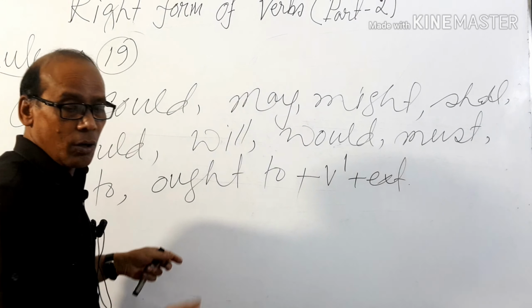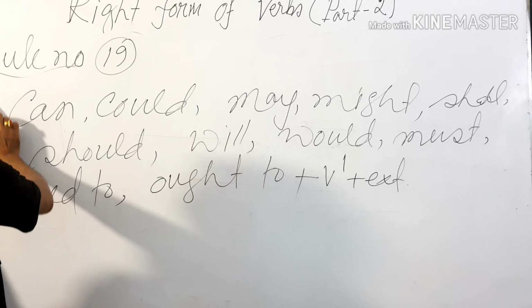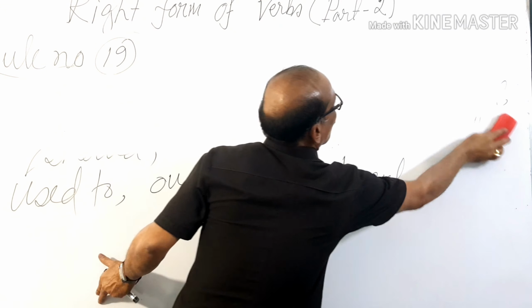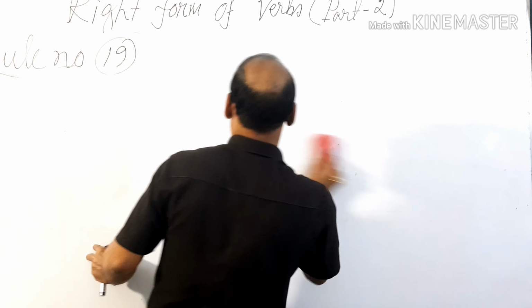So after all, we will have to use only the bare base form of the main verb. So I think it's not so necessary to give you any written example.